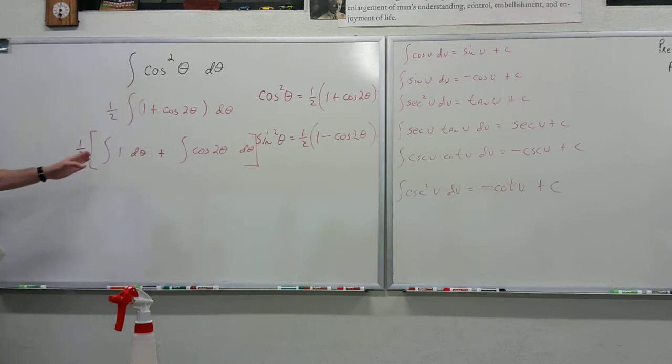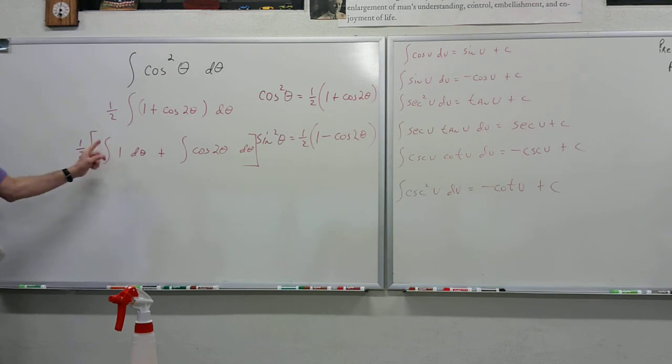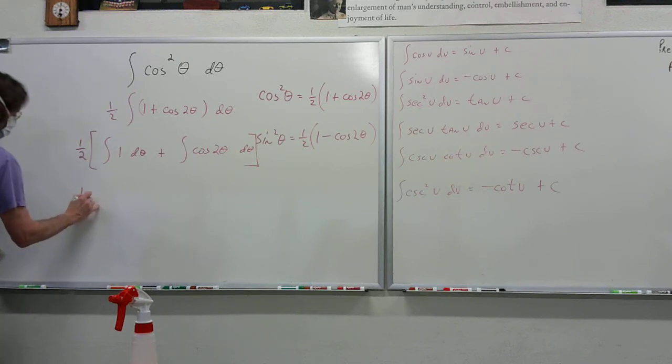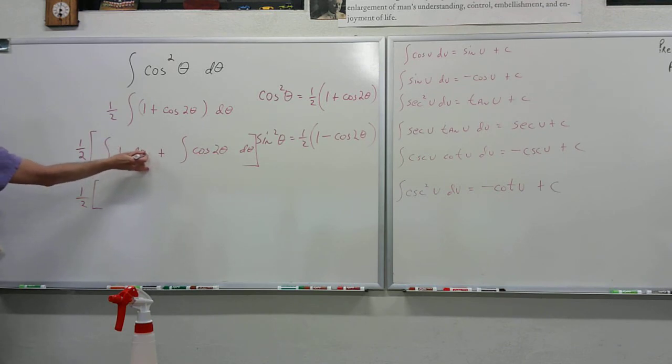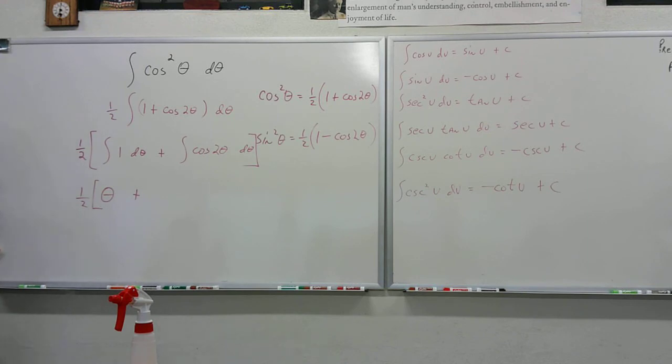And when you do that, just realize it's going to be 1/2 times both of them. See, it's 1/2 times what I get when I do this part, and then what I get when I do that part. Somebody said you could put the 1/2 here and the 1/2 here. Yeah, you could, but 1/2 times the results. And so we'll get 1/2, bracket. And what are you going to get when you integrate this one right here? Theta. Plus. Now we've got to think for just a second.